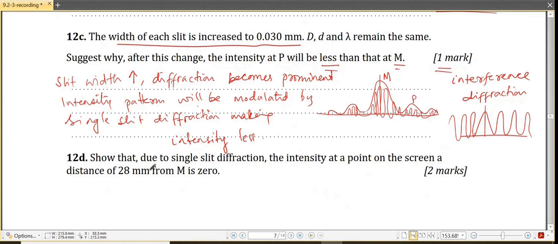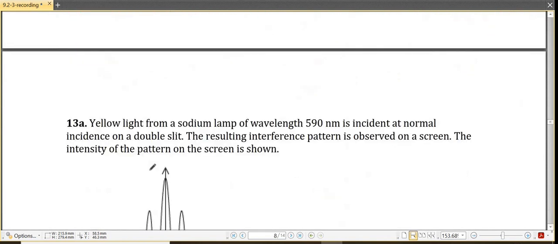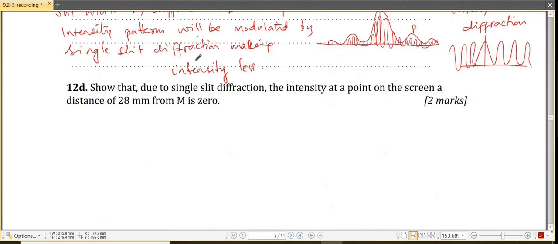Now, the next question is 12D. Show that due to single slit diffraction, the intensity at a point on the screen at a distance of 28 millimeter from M is 0. Now the slit is no more negligible, it has some width.